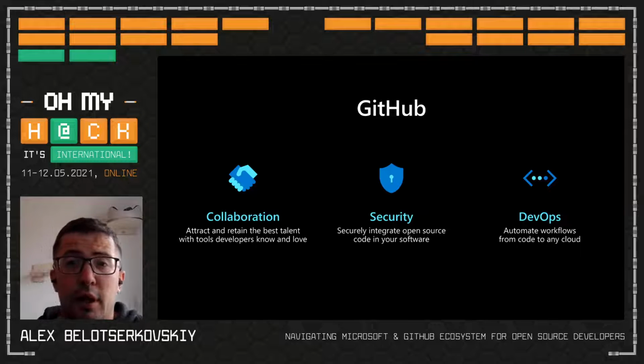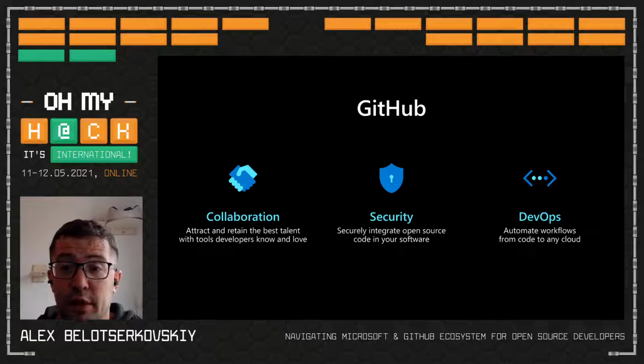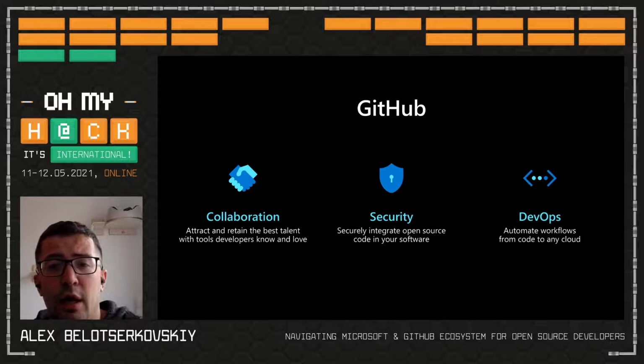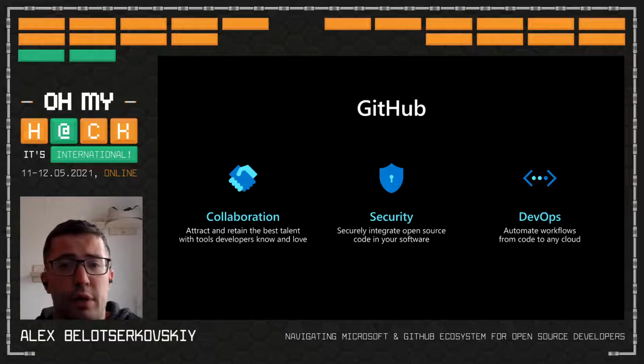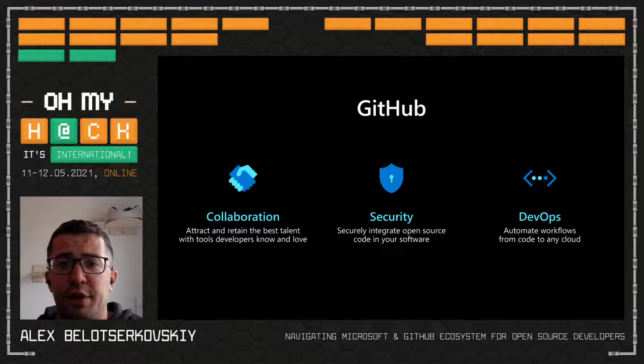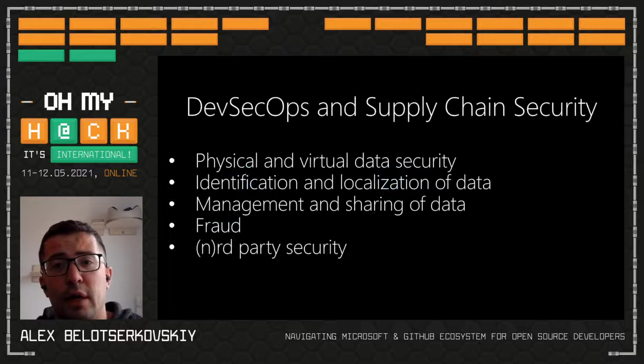And one of the components of this strategy is GitHub. I talked briefly about GitHub in the beginning, but GitHub is also a platform by itself. I will not touch on cool things like collaboration, inner source and DevOps, but I want to touch super briefly on one of the most important things GitHub provides, and we are actively working with GitHub on it: DevSecOps and supply chain security.